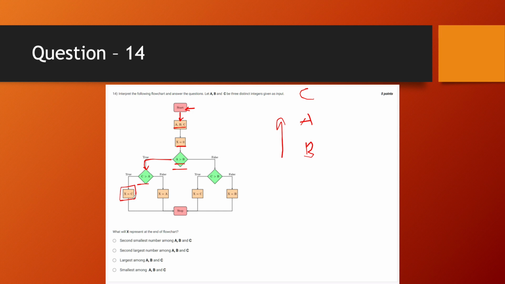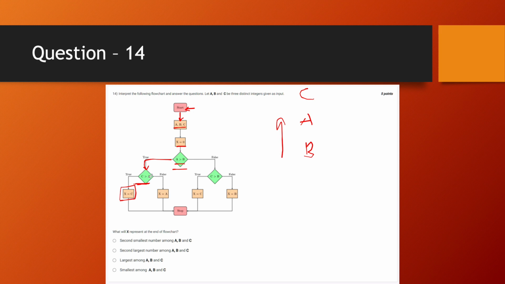So now in this case, X is the largest of the three integers. Well, this is just true in one case. Let's see if the same conditions follow for the others as well. Now let's go back to this particular decision.